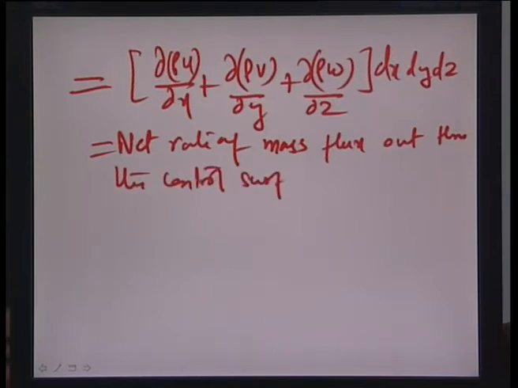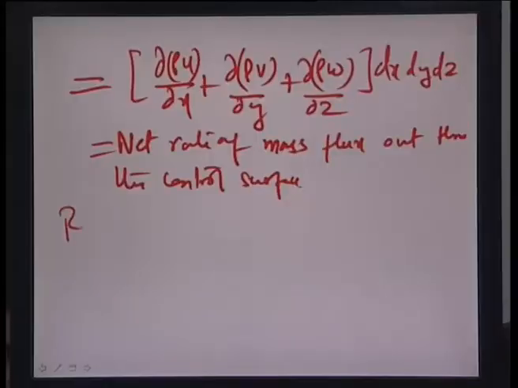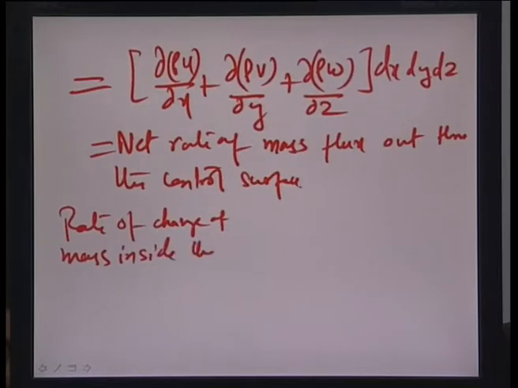Now, what is interesting here to point out is that if the rate of change of mass inside the control volume is a function of time, that means there is some mass which is generated or created inside the control volume. In that case, we can always write down that the rate of change of mass inside the control volume CV is equal to del rho by del t, that means the rate of change of density, and this can be a case for compressible flows where there is a rate of change of density with time.